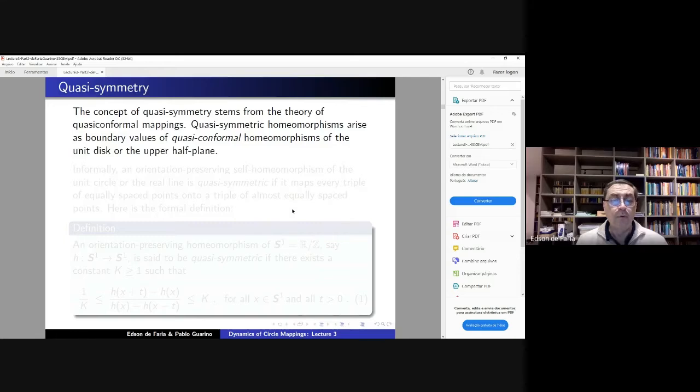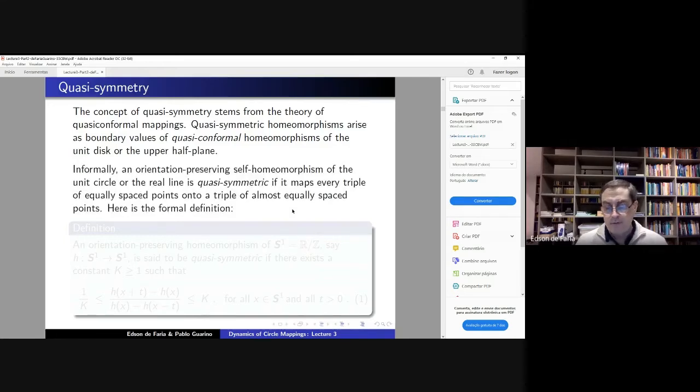So what does it mean to be quasi-conformal? Geometrically, it just means that every symmetric triple of points in the domain is mapped to a triple of points in the image which are almost symmetric. What this means is that these 3 points determine two intervals, one on the left, the other on the right.